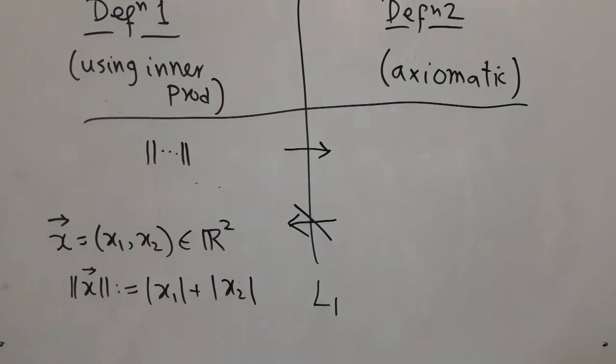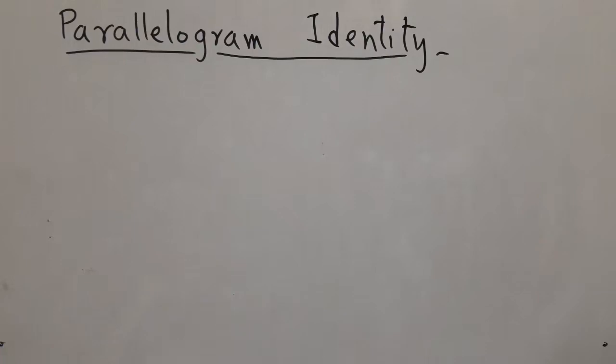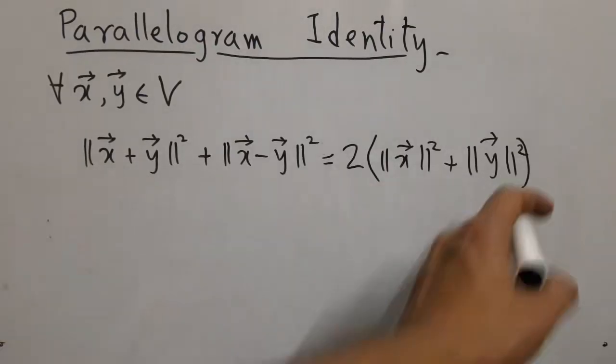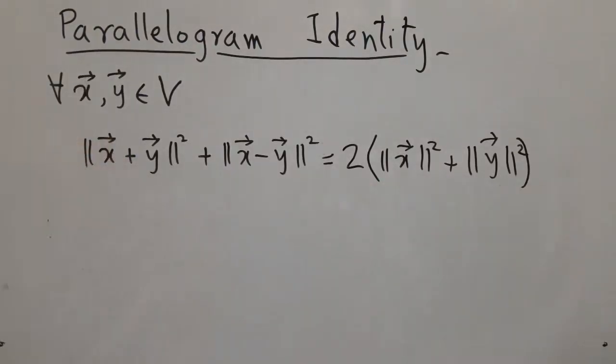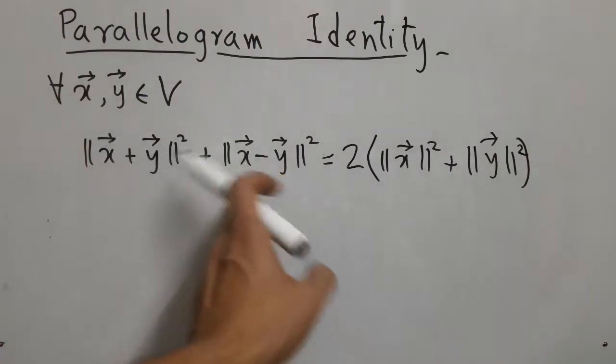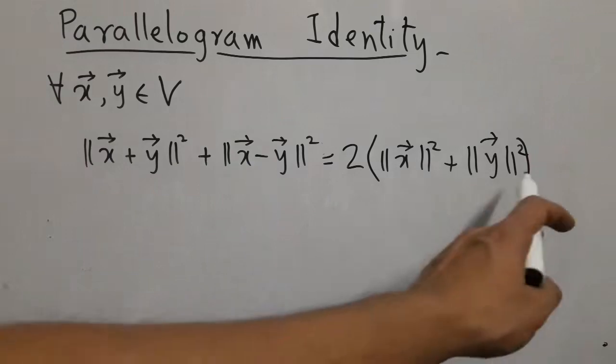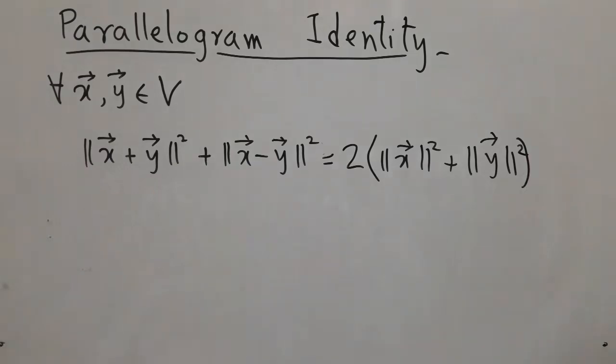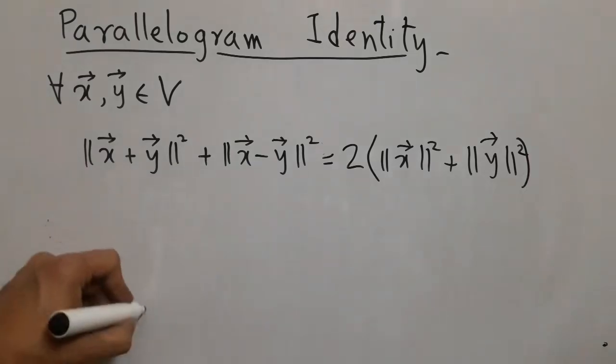Proving that a priori is not obvious, you just cannot take all possible inner products and keep on checking. There is a little trick which uses a result called the parallelogram identity, which makes the statement: you take any two vectors x and y, then x plus y, norm square of that, plus x minus y, norm square of that, will be equal to this, and you can visualize this as a parallelogram.